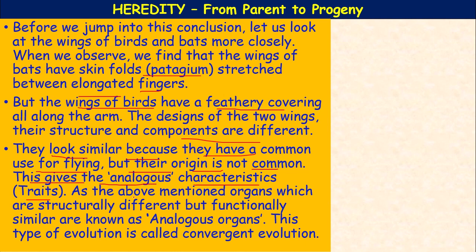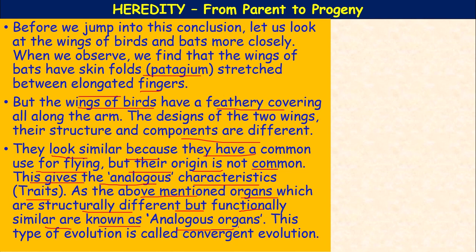Okay. So, the above mentioned organs, that is wings of birds and the wings of bat, which are structurally different but functionally similar, are called analogous organs. This type of evolution is called convergent evolution.